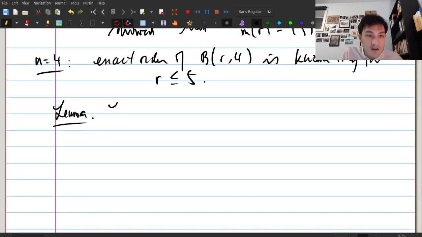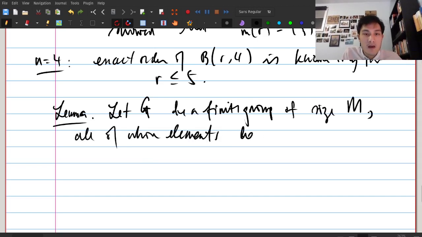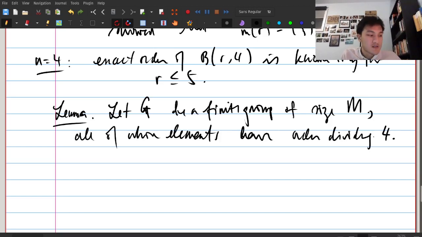So here's the lemma. Let G, that's capital G, I wrote little g, be a finite group of size big N, all of whose elements have order dividing 4. So they either have order 1, 2, or 4.